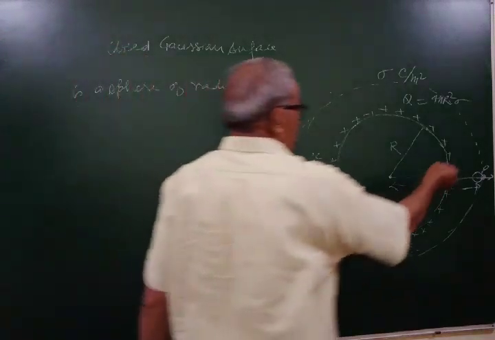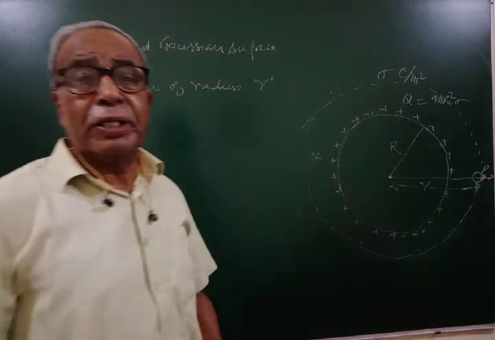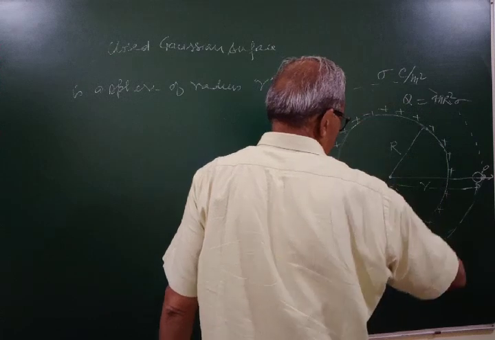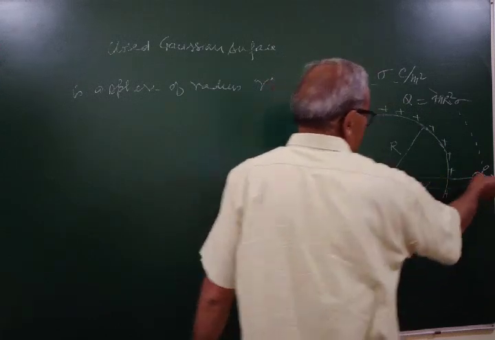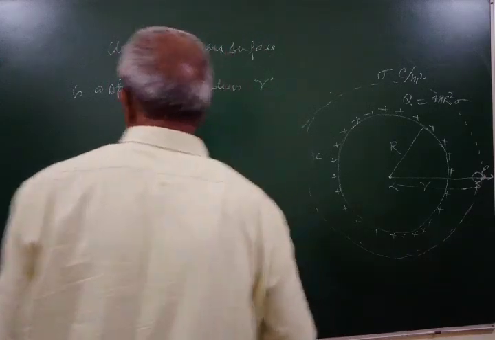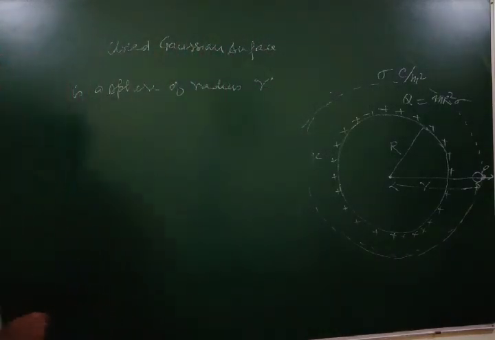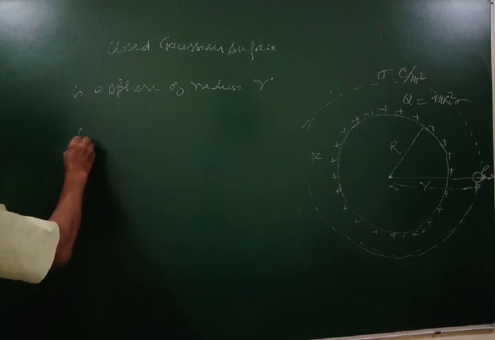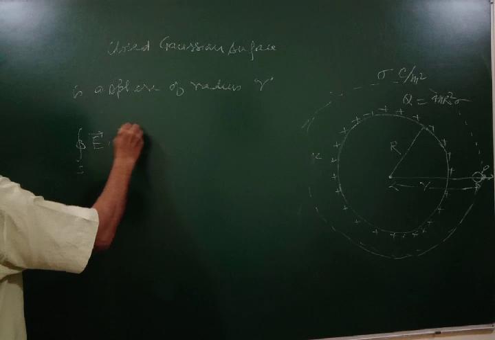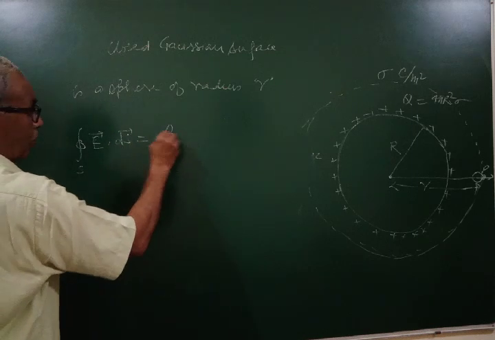Now, if the charge is positive, this topic is very interesting. If the charge is on the sphere and this is the closed Gaussian surface, then the whole charge inside will be Q. Now, applying Gauss theorem to this surface, integration of E dot ds is equal to the total charge Q upon epsilon 0.